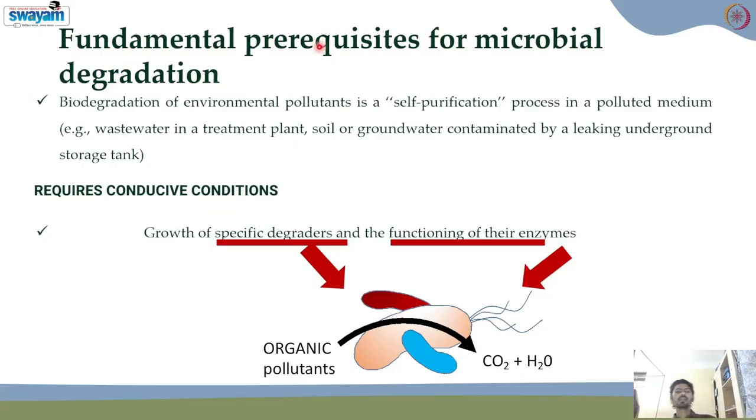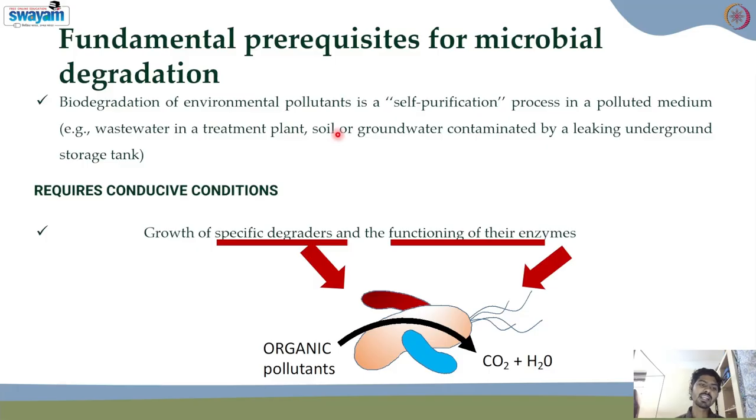So we will move on to the prerequisites for microbial degradation. As we have already understood the concept of biodegradation, it is a self purification process in a polluted medium. That is, it will try to eliminate the pollutants in the wastewater treatment plant, or it will try to remediate the soil or groundwater that is contaminated by an underground storage tank.